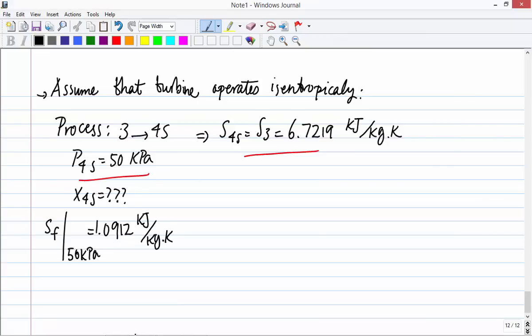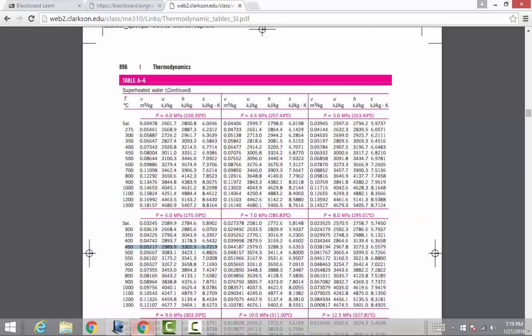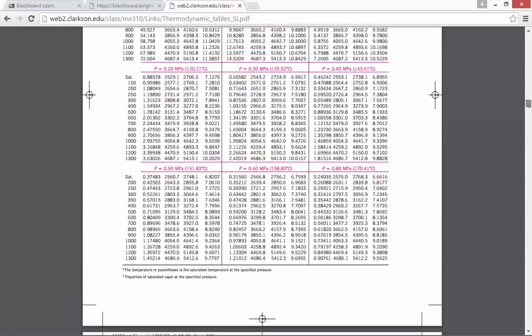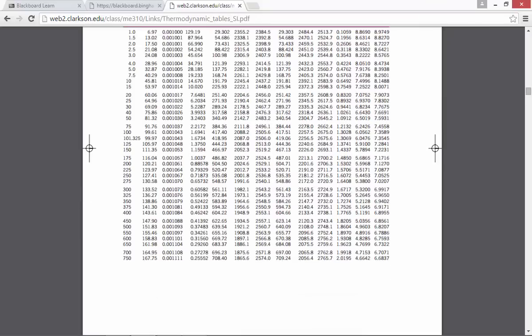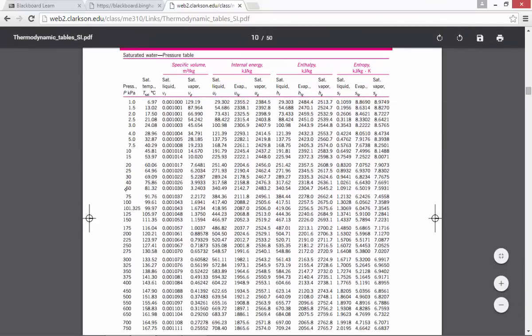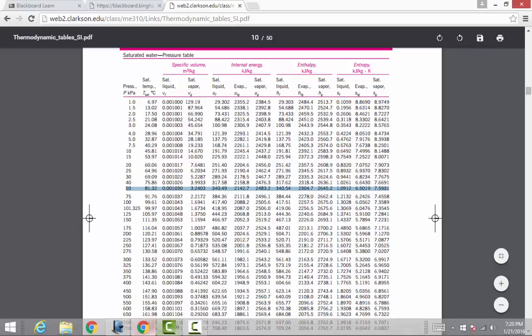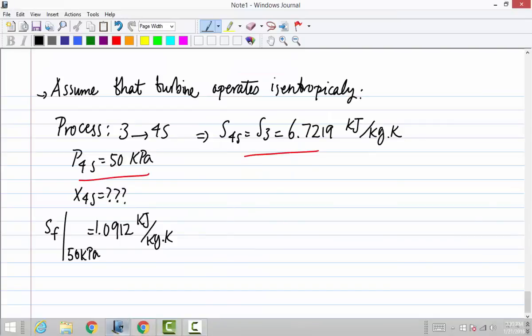If you go to table A5, there, at 50 kPa, here, see? Here's sf, sfg, and sg. And I need sg.